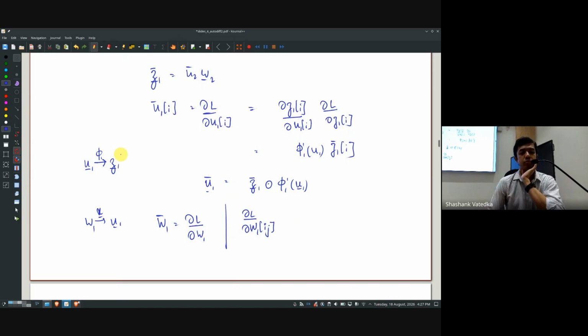Every element of U1 depends on multiple elements of W1. In particular, W1 ij influences multiple elements of U1. How does it depend on the elements of U1?